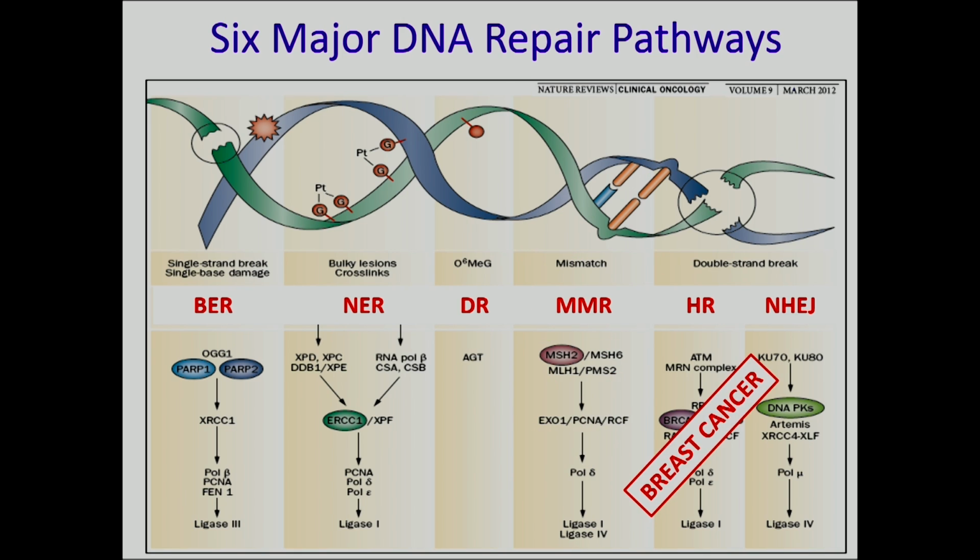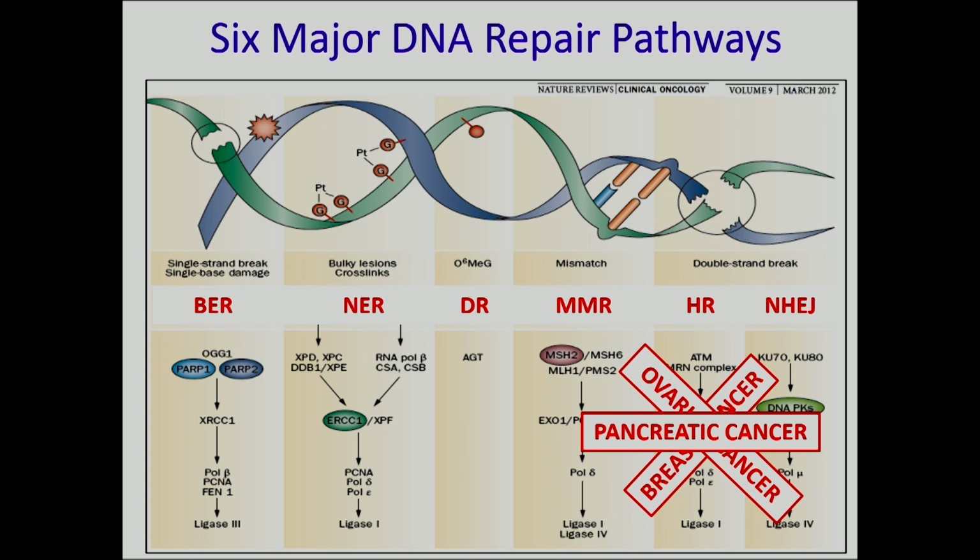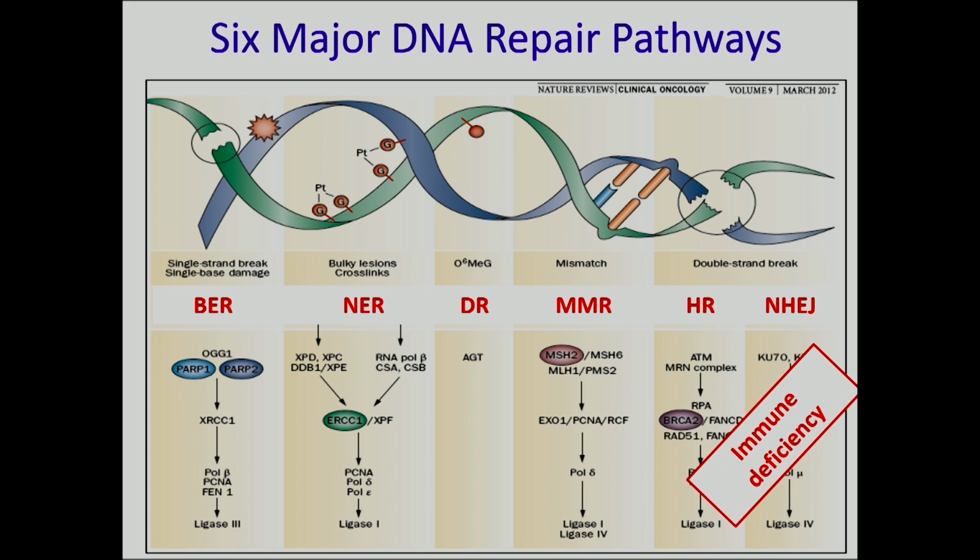If you lack homologous recombination, you're prone to breast cancer, ovarian cancer, and pancreatic cancer. And in the absence of proper non-homologous end joining, one can have an immune deficiency. So not only is repair important to sustain life, it's also important to sustain health within organisms.